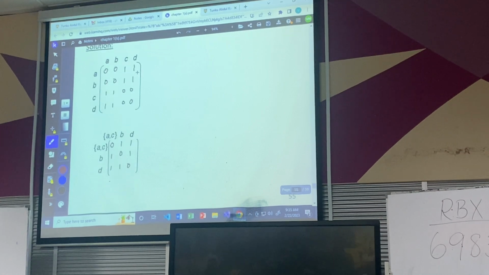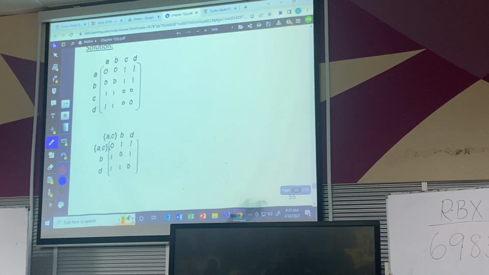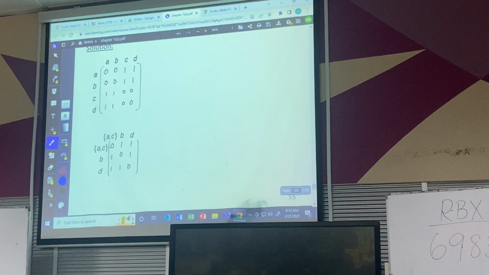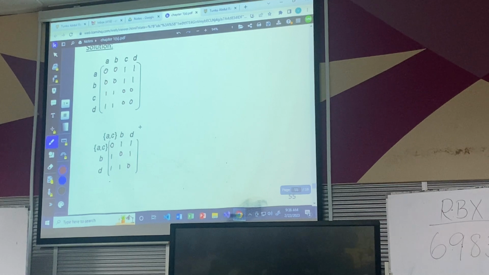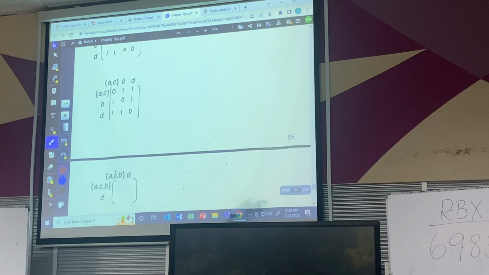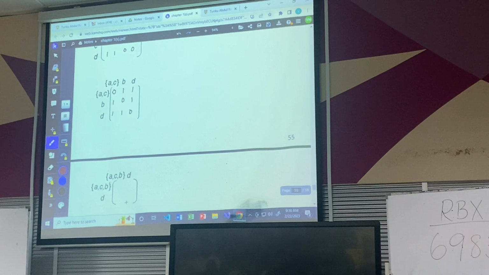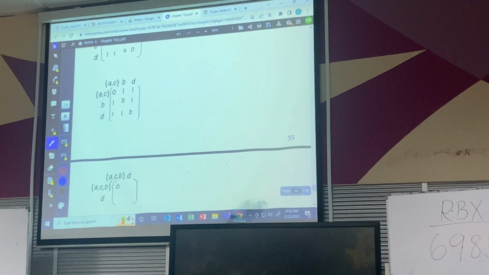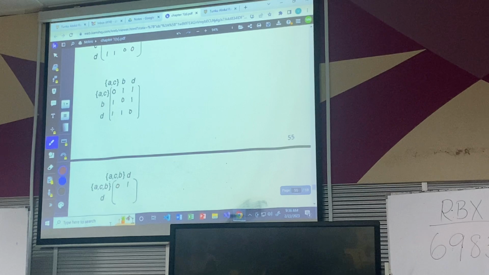Now the next steps are still the same. Follow this algorithm and continue to combine AC with B or D, either one. If you choose B, that means ACB will become one vertex and only D is left, so now we have a 2 by 2 matrix. Look at ACB, which is 0. Under column D, you have AC combined with D. AC is 1, D is 0, so 1 or 0 is 1.